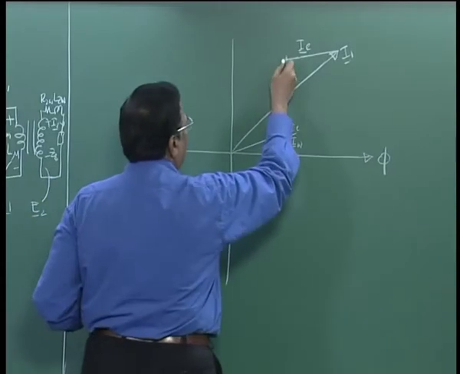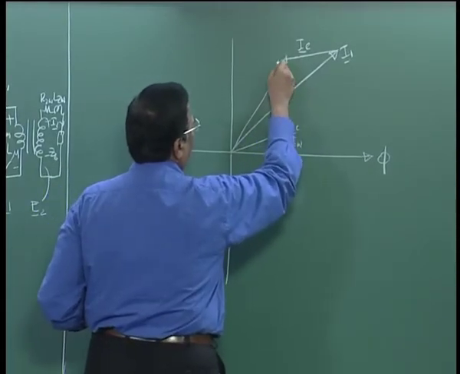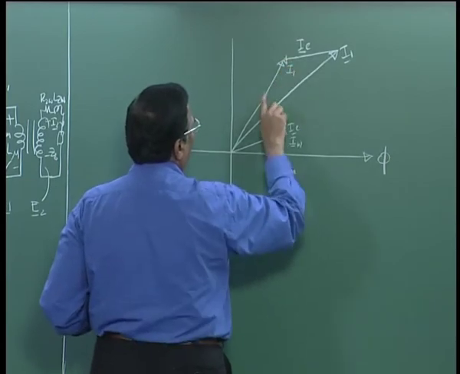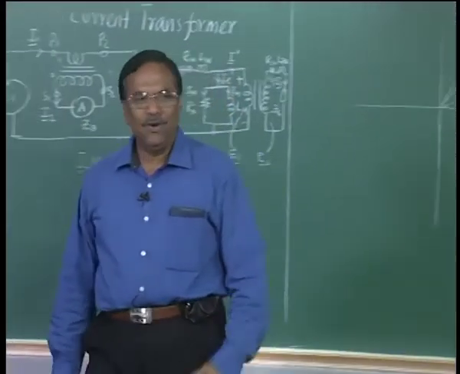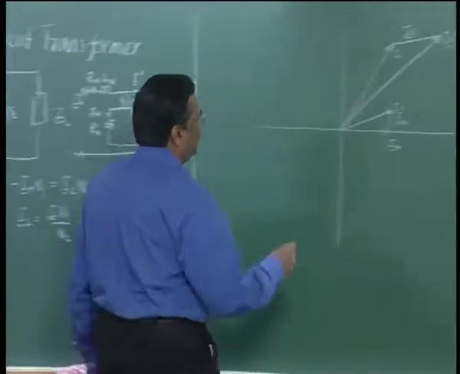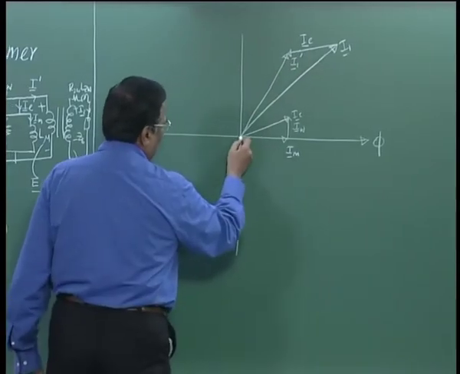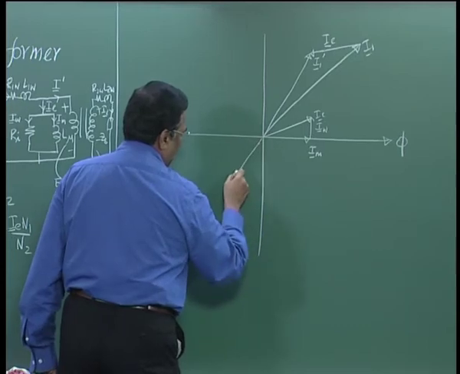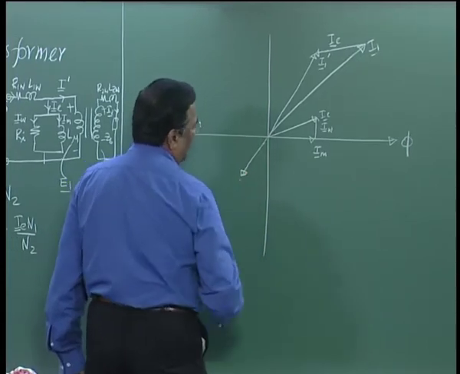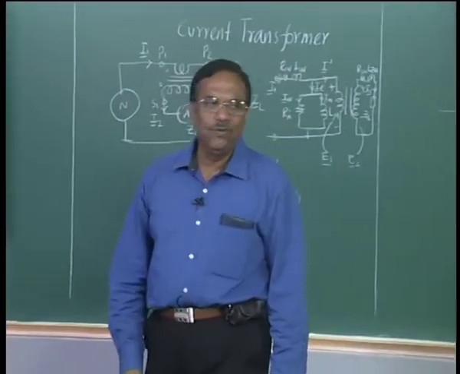This would be my I1, because I1 prime plus IE must be I1. So, now that I1 prime gets reflected, of course, it will be smaller because we normally choose N2 to be greater than N1.